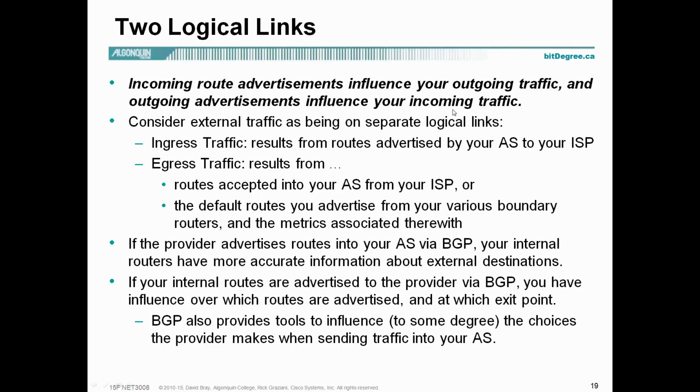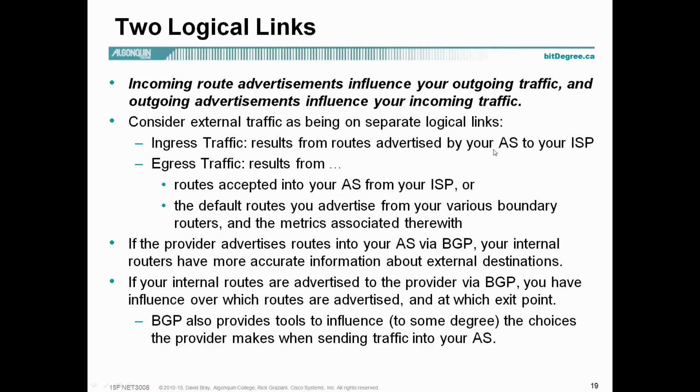But similarly, in the other direction, the incoming route advertisements will influence how you send your outgoing traffic, because you wouldn't be sending traffic out unless you had a route, even if that was a default route. Okay, so you want to consider your external traffic as actually being on separate logical links. Your ingress traffic coming towards you is resulting from routes you advertise.